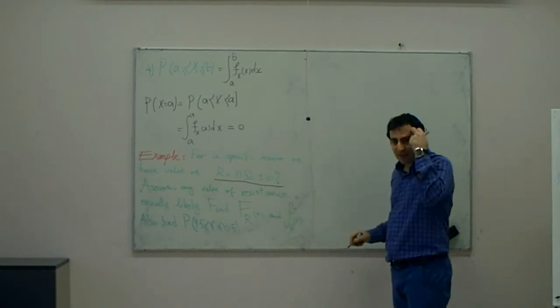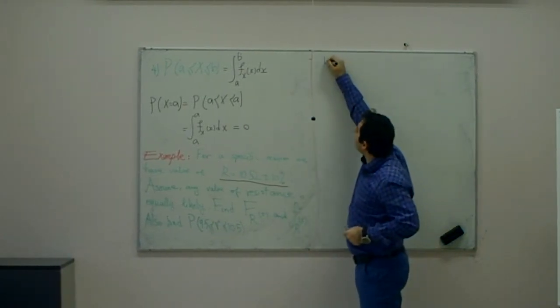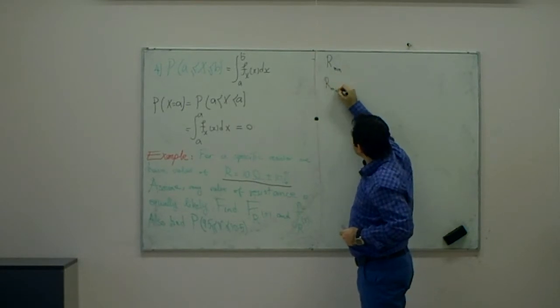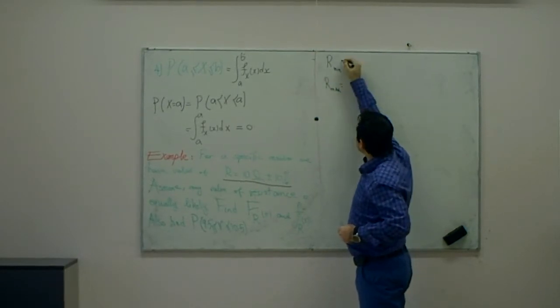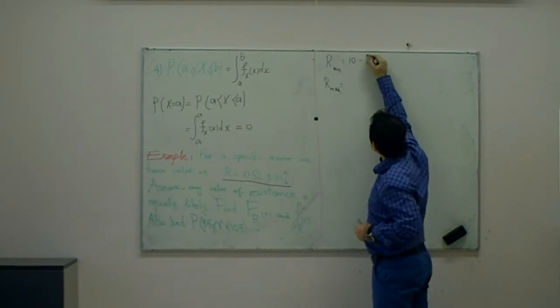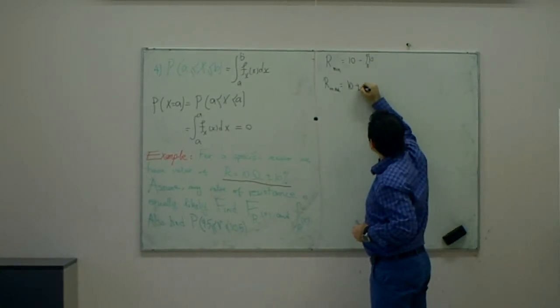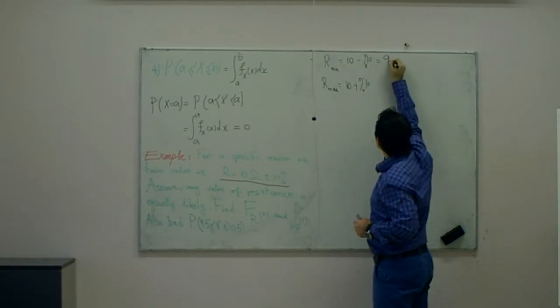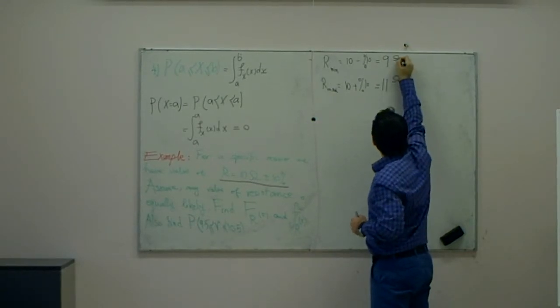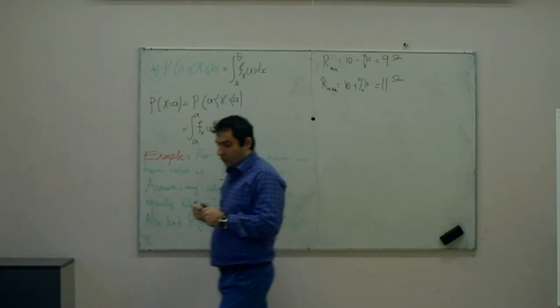Do you know what it means? It means we have an R min and an R max. The minimum is 10 minus 10%, and the maximum is 10 plus 10%. So what is the minimum value? 9. What is the maximum value? 11 ohms.